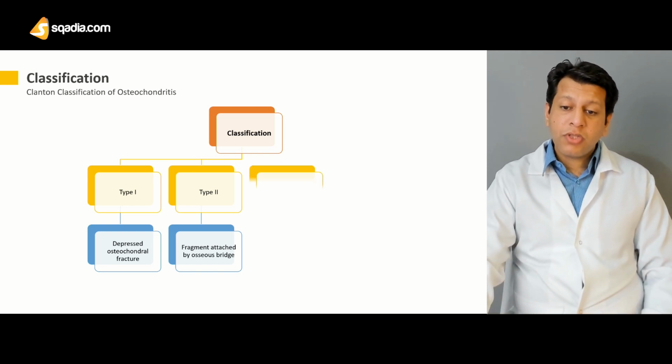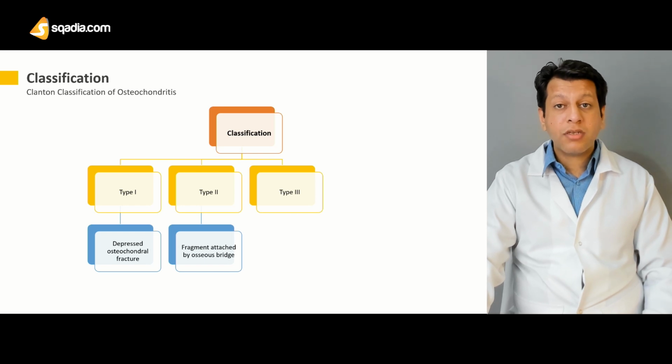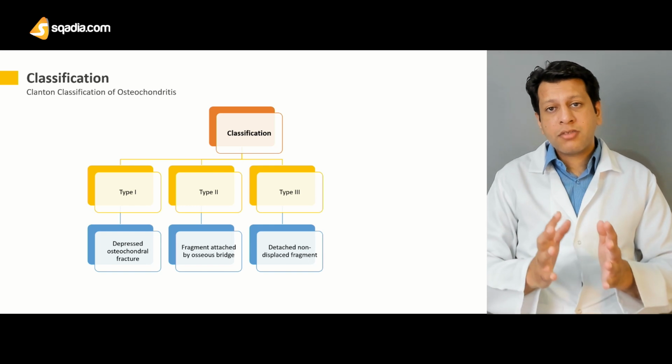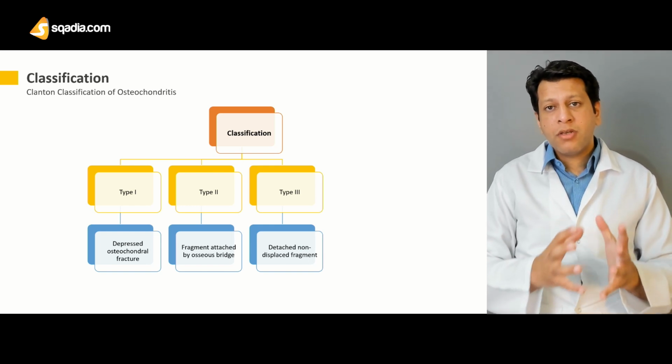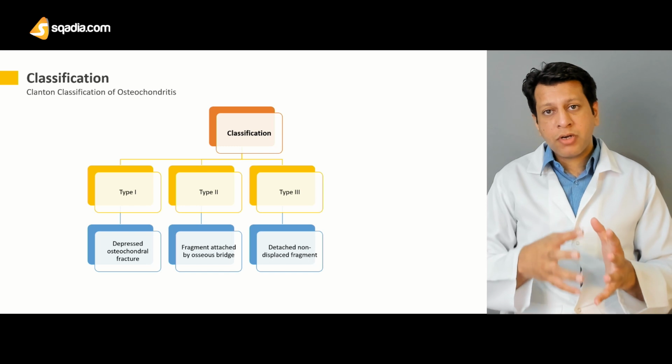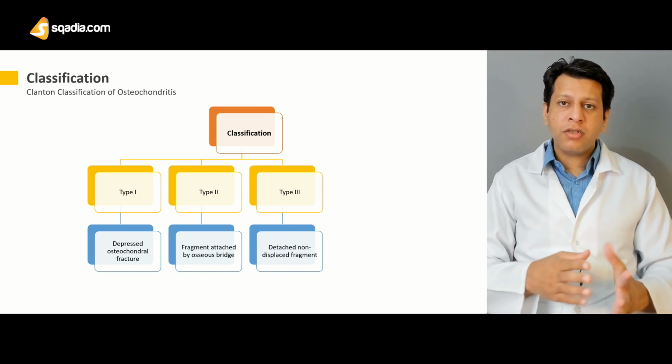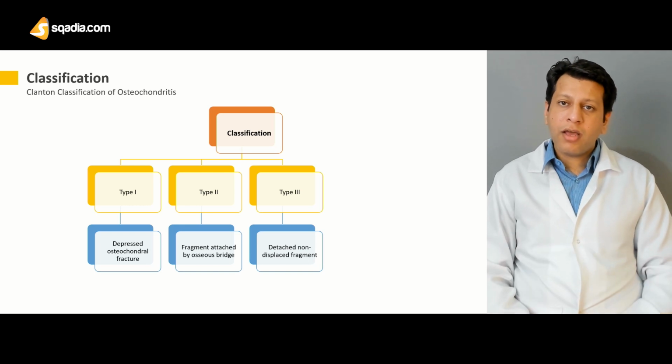Now, coming to type 3, which is more advanced than this, there is a detached segment but it is non-displaced. The whole thing has come out, but it's not going into the joint. It's still lying over there on the femoral condyle.